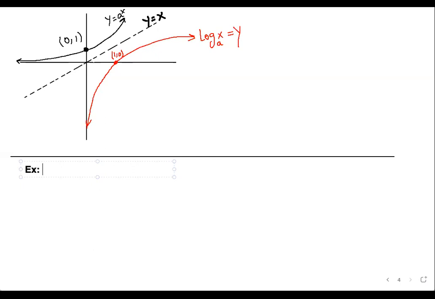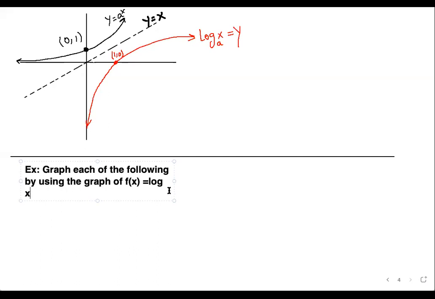Example: graph each of the following by using the graph of the logarithm function f of x equal logarithm x to the base a.